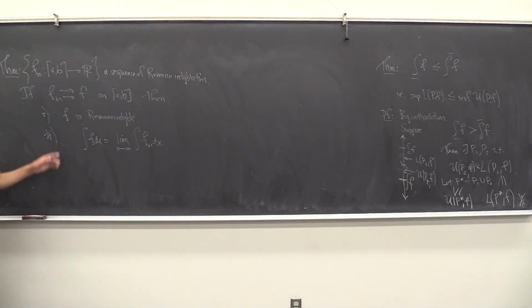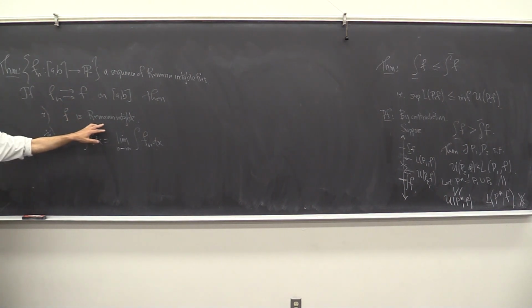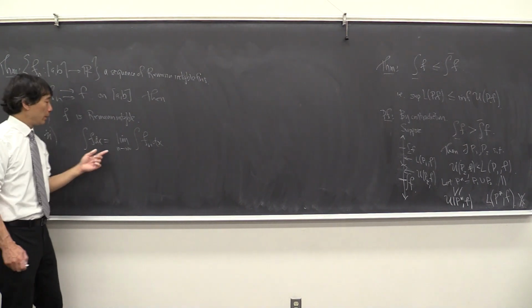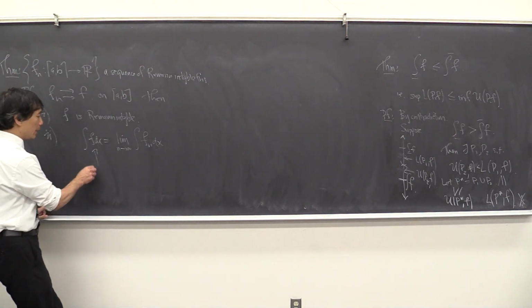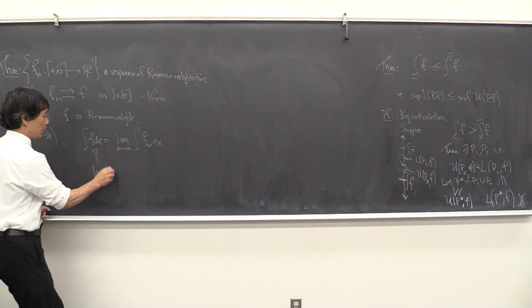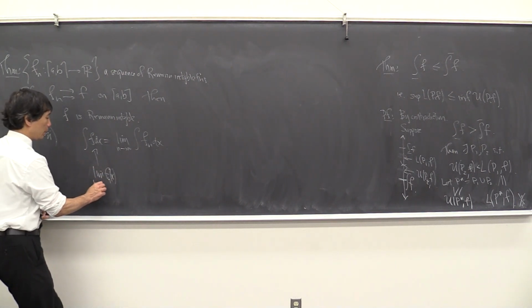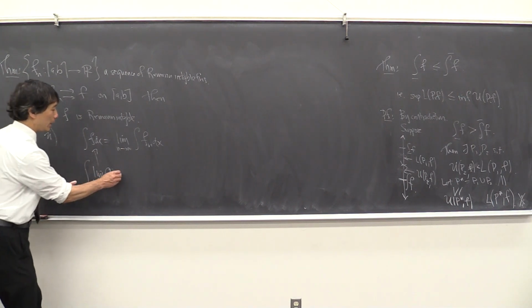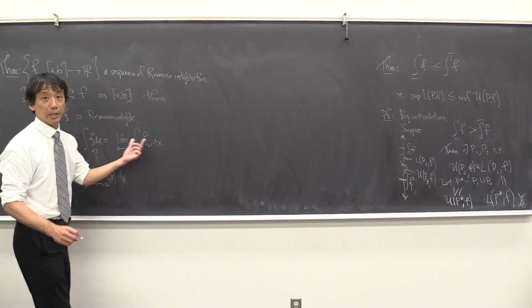Okay, so this is kind of what we hope for, showing that uniform convergence preserves integrability. And the second thing is one of these commutation things, right? Because this f here is the limit of the f sub n's, right? So what this is saying is that the integral of the limit equals the limit of the integrals.